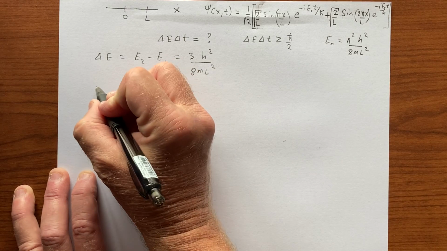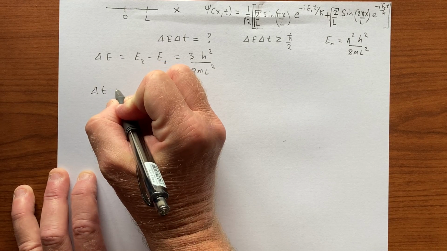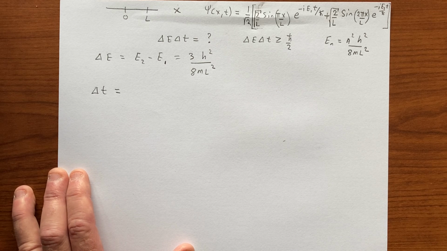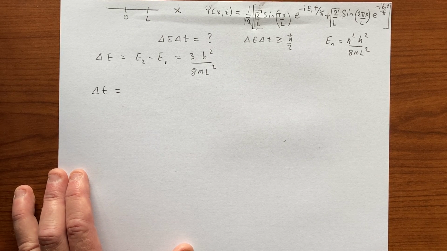What about delta T? Well, this is a difference, a range in time scales. What are the characteristic time scales for evolution of the system? Well, it depends on the frequencies in these superpositions.